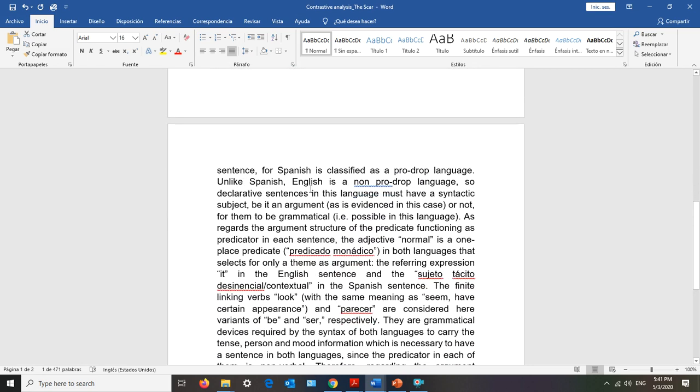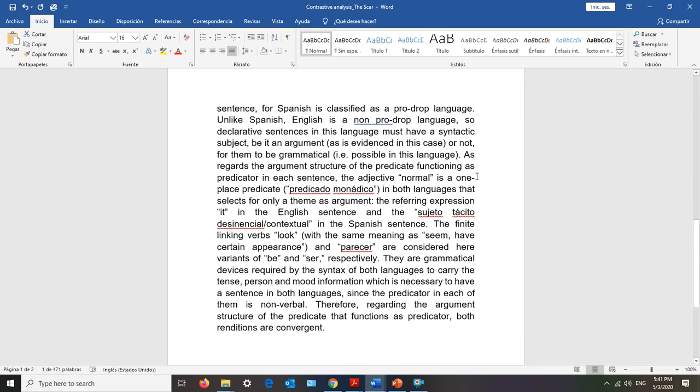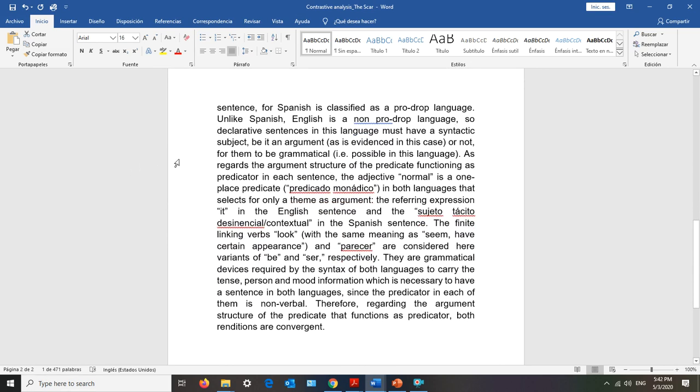Unlike Spanish, English is a non-pro-drop language, so declarative sentences in this language must have a syntactic subject, be it an argument, as is evidenced in this case, or not, for them to be grammatical, that is to say, possible in this language.